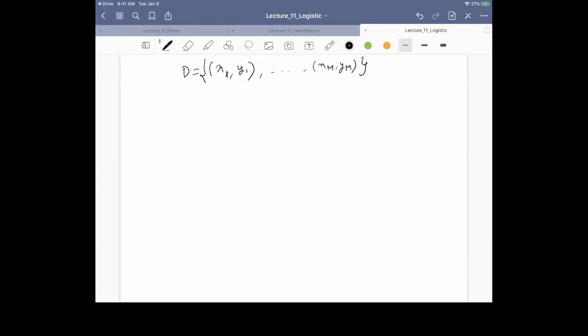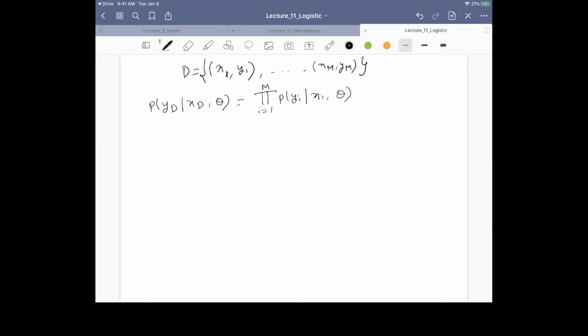This is my training data set comprising of x1, y1 until xm, ym. And then we saw that we are looking at p of y given x comma theta, and this is nothing but the product over i from 1 to m of p of yi given xi comma theta.